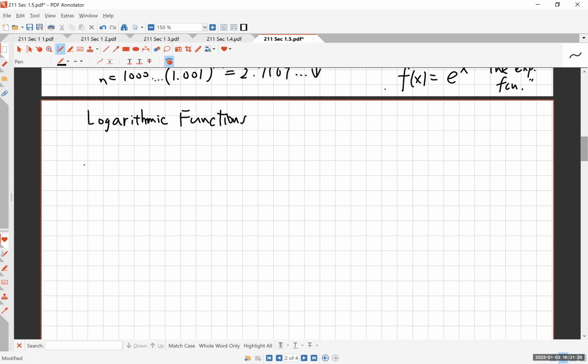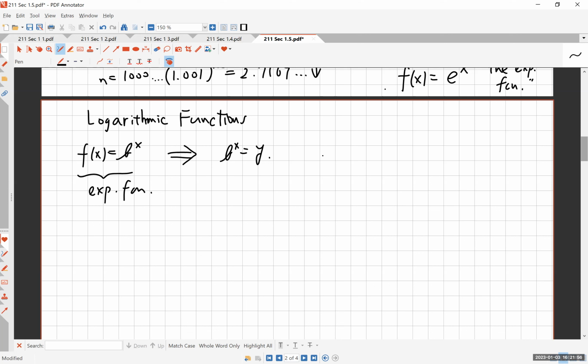All right, so we had an expression like f(x) is equal to b to the x. This is called the exponential function with base b. What that means is that b to the x is equal to y. The inverse function is going to switch and send y back to x.